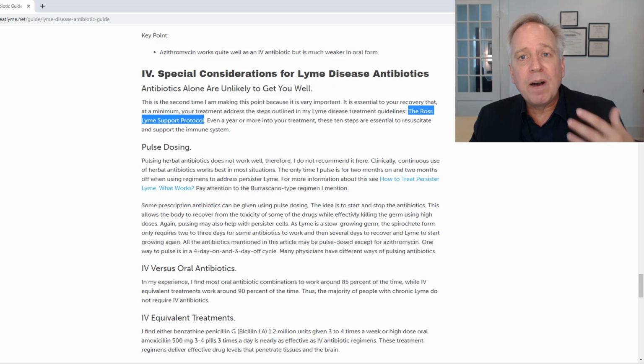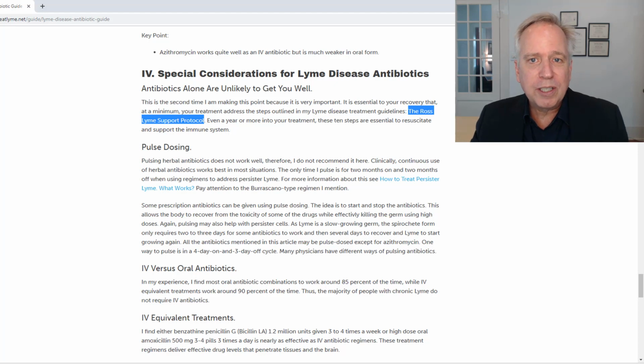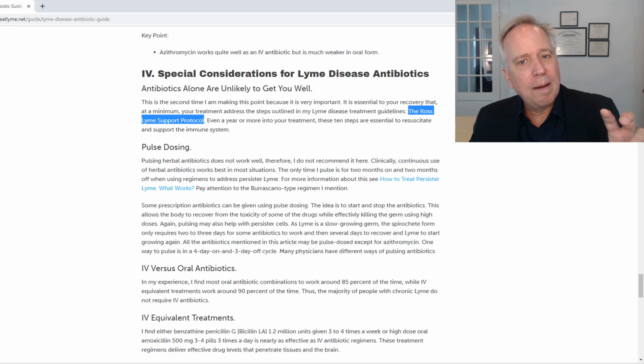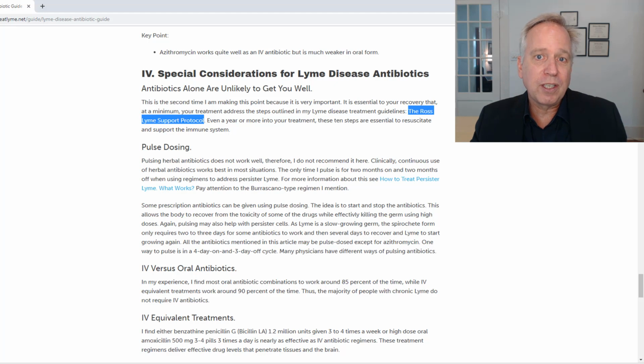This includes various steps like getting sleep, lowering inflammation chemicals called cytokines, getting yeast out of your body early if you've got too much in your intestinal tract, but a variety of steps that you need to take to fine-tune the immune system to get it to jump in and start helping to get rid of the Lyme infection in addition to using the antibiotics, okay?